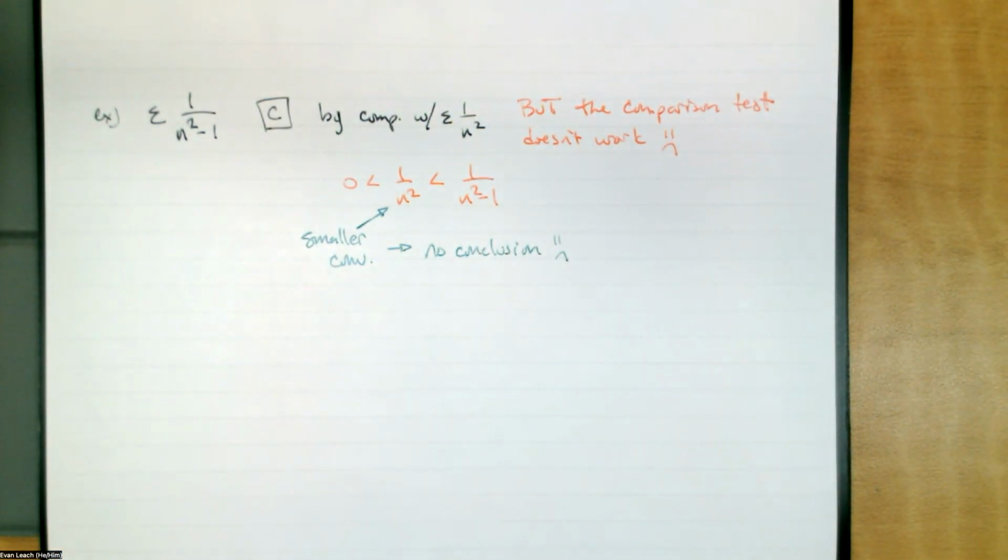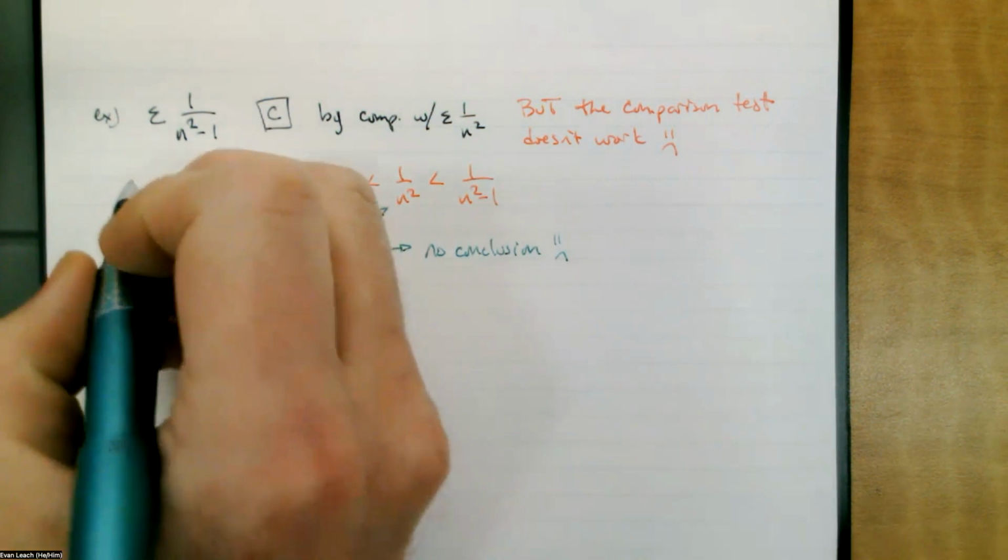The smaller series converges. That does not help us. But we know that the series 1 over n squared minus 1 behaves like the series 1 over n squared, and that's why it converges.